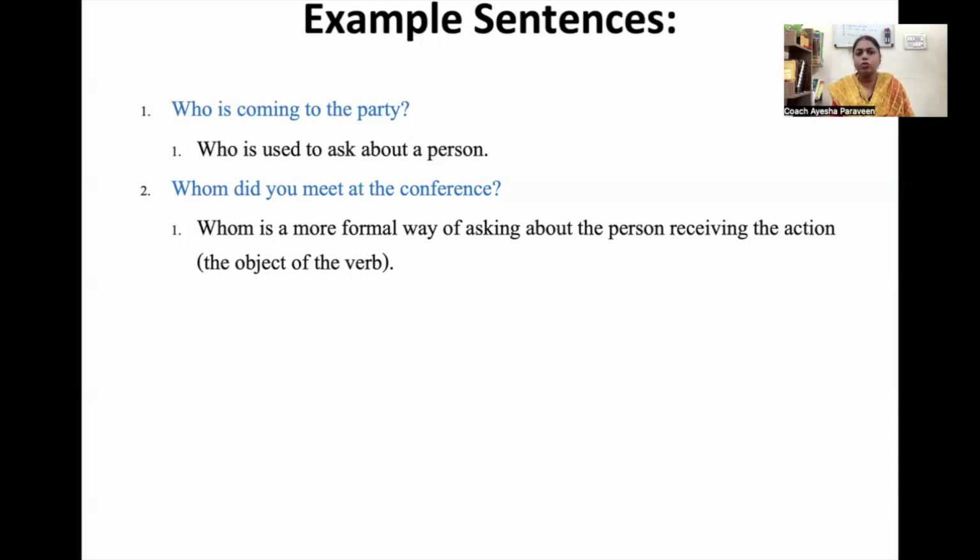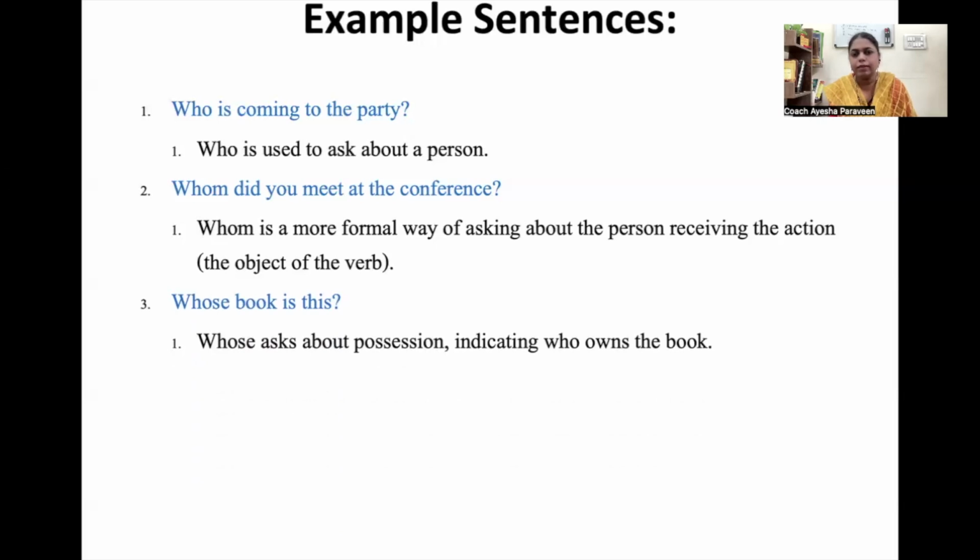Both are used for people only. Who is coming to the party is the subjective case. Whom did you meet at the conference is the objective case. So who and whom both are for persons only.